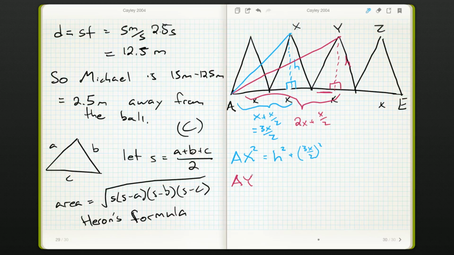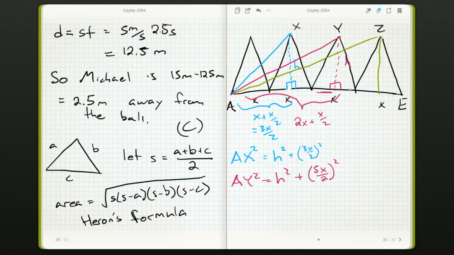So AY squared is h squared, and I think h will probably drop out of the equations or something like that, but we have 2 1/2, or 5/2, x's all squared. And now the last one, we get the same sort of thing.